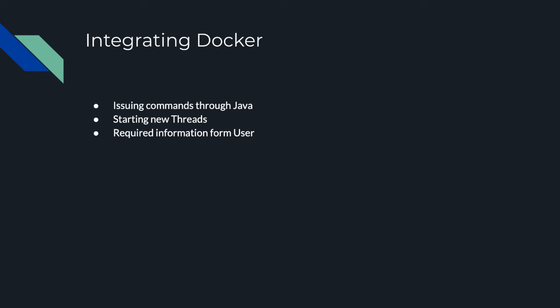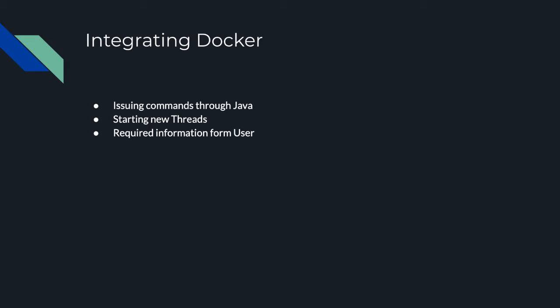So each container and each development environment got its own thread that it's just running in, and you'll see that in the demo. And it made it simple because I was then able to even more cleanly separate all the different containers, which was nice.